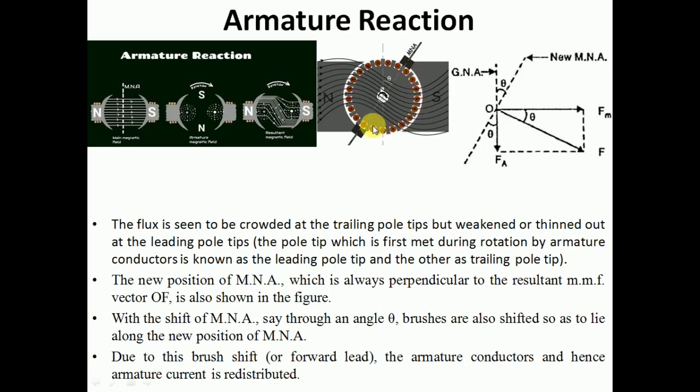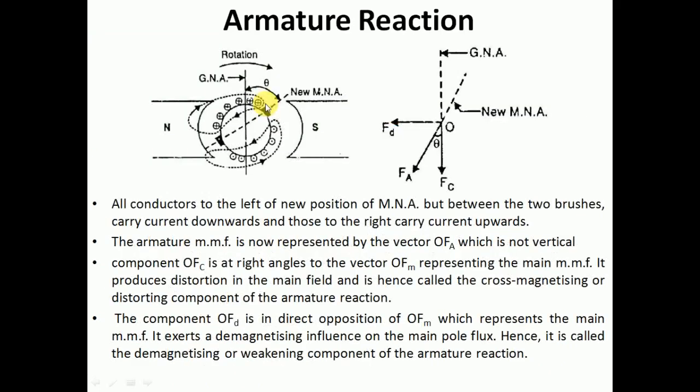You will be able to see here. If you see in the diagram considering armature flux alone, these two conductors were carrying current into the conductor, whereas these two conductors were carrying current out of the conductor. But due to the effect of armature reaction, there occurred a shift in the position of magnetic neutral axis, which results in the shift of the brush position.